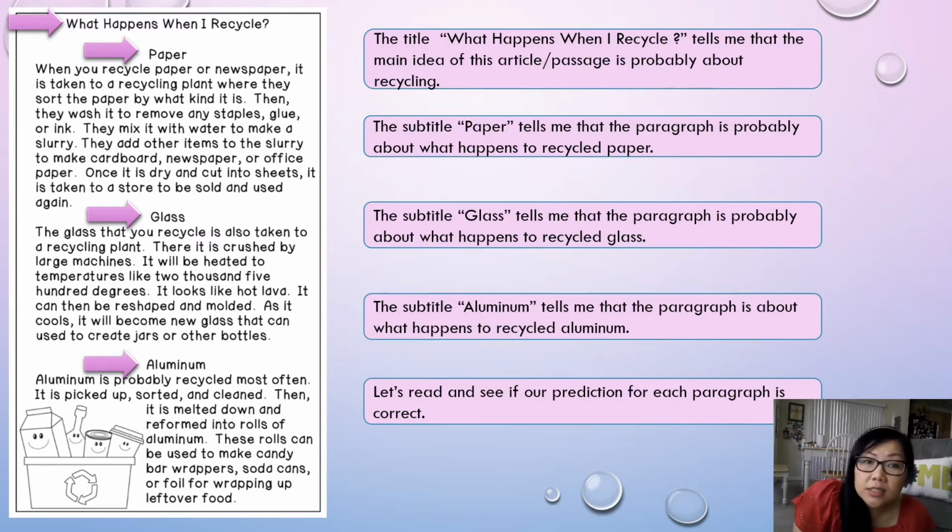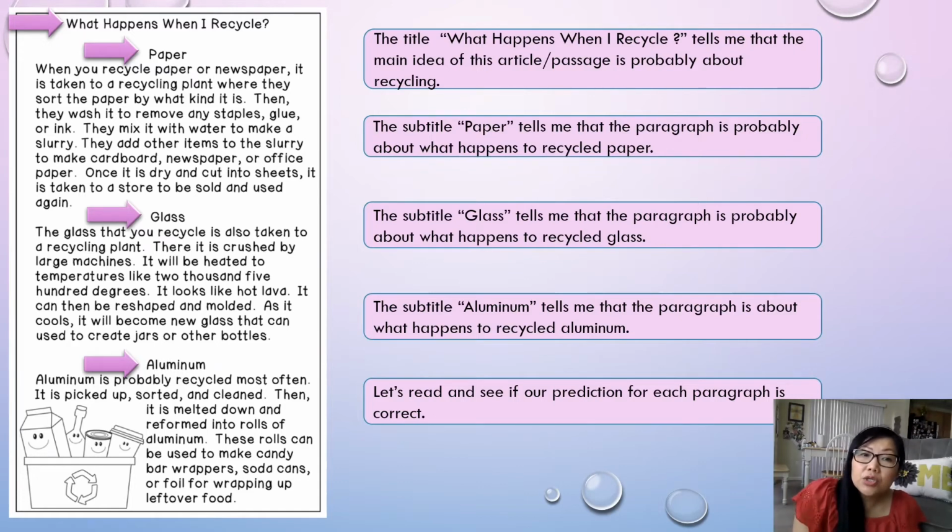Then they wash it to remove any staples, glue, or ink. They mix it with water to make a slurry. They add other items to the slurry to make cardboard, newspaper, or office paper. Once it is dry and cut into sheets, it is taken to a store to be sold and used again.